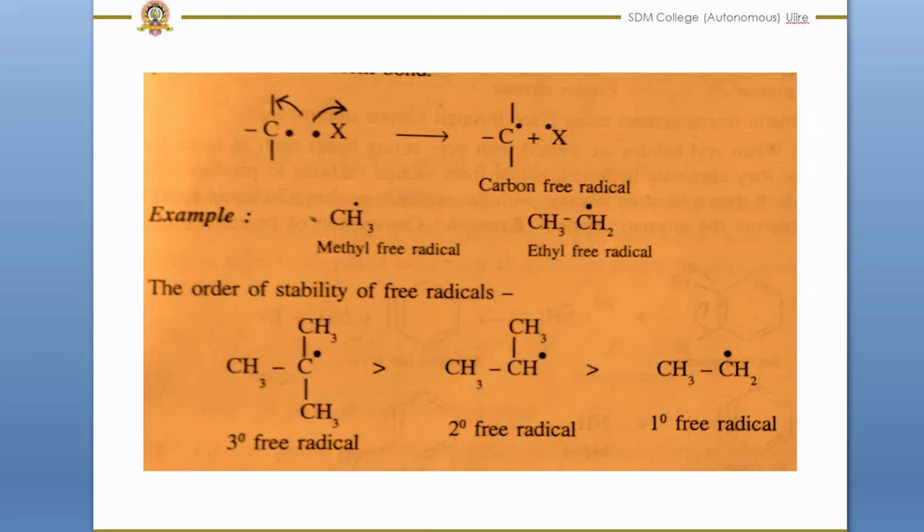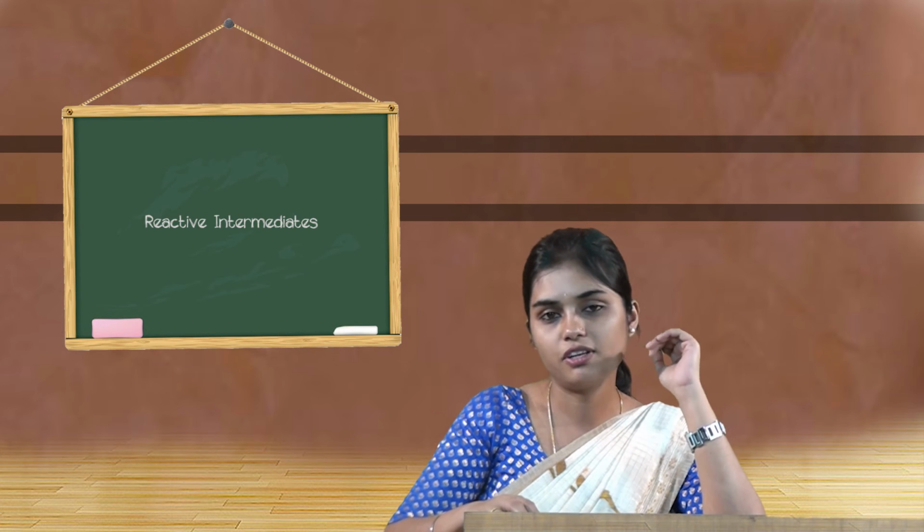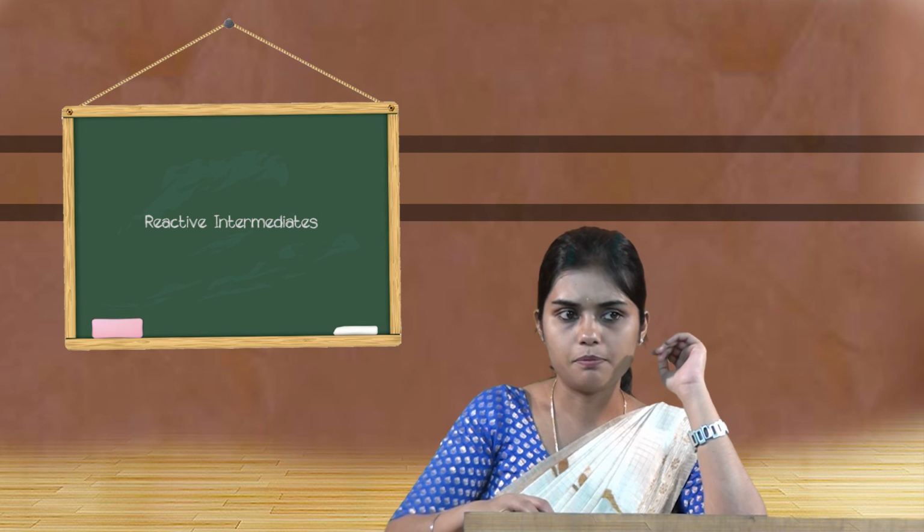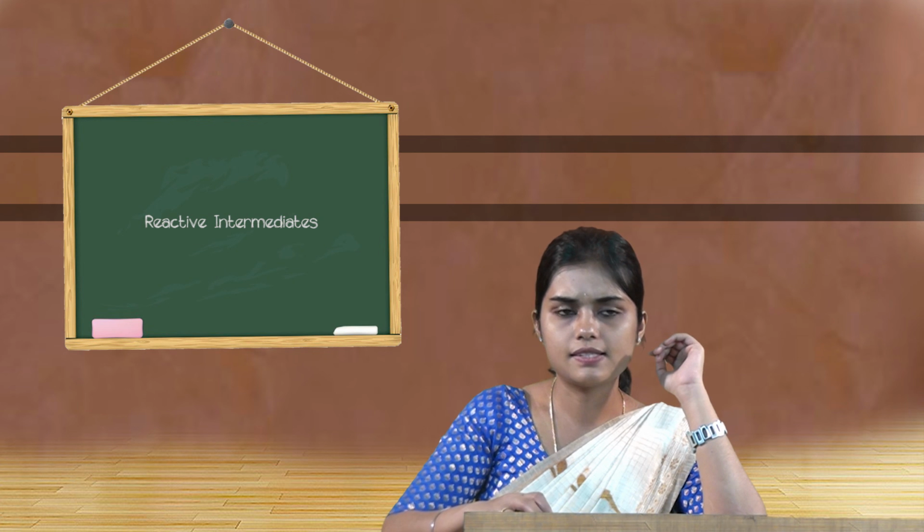This is how the free radical is formed, and if you compare the stability of free radicals, the tertiary free radical is the most stable compared to the primary and secondary, as in the case of carbocations, since a free radical is electron deficient. Next we shall discuss the nitrene.